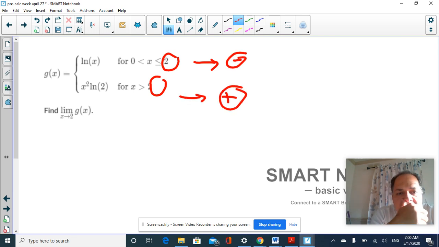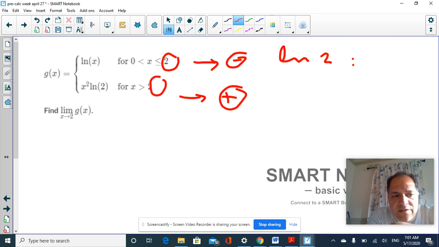So if you want to find the limit when x approaches 2, just plug in. This is the limit from negative side and here from positive side. If you plug in 2, you have to find natural log of 2.